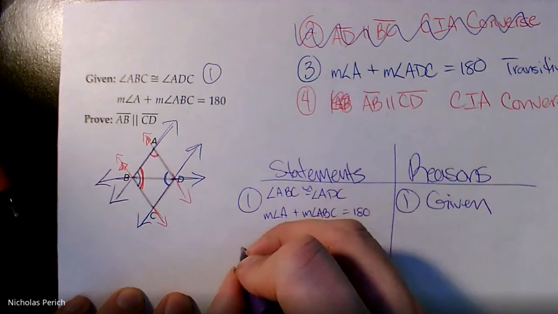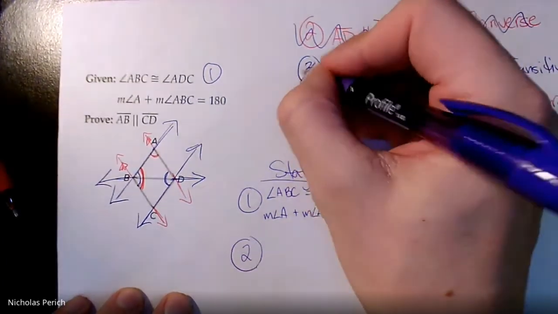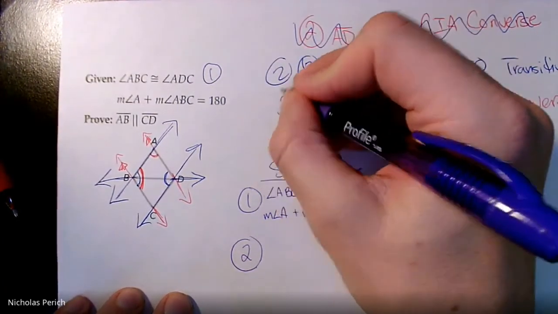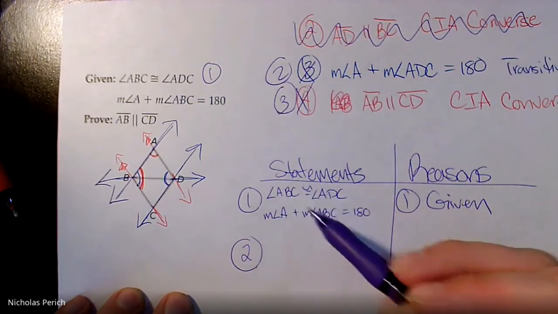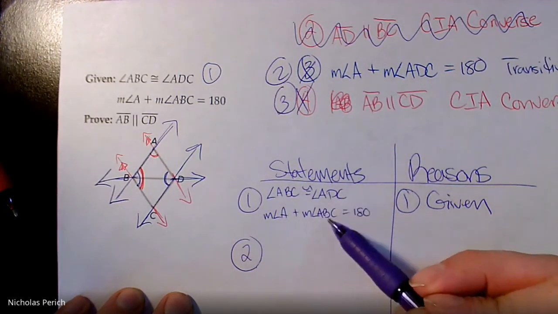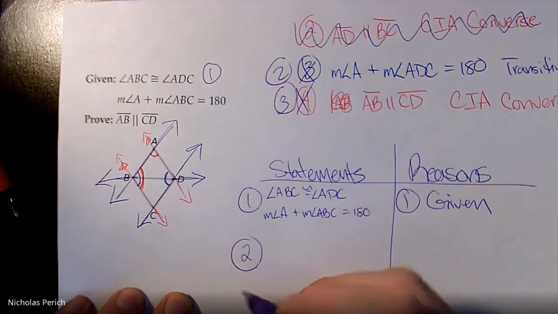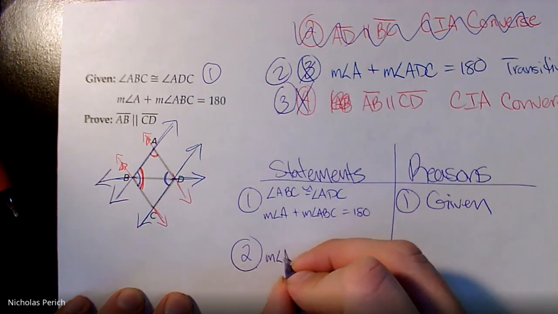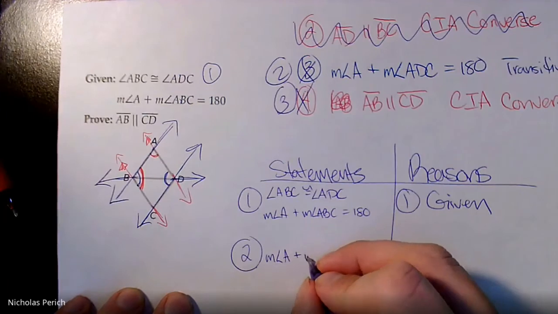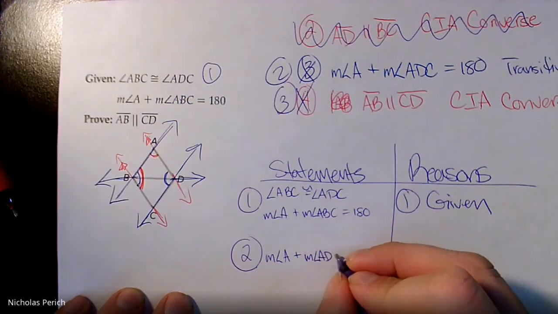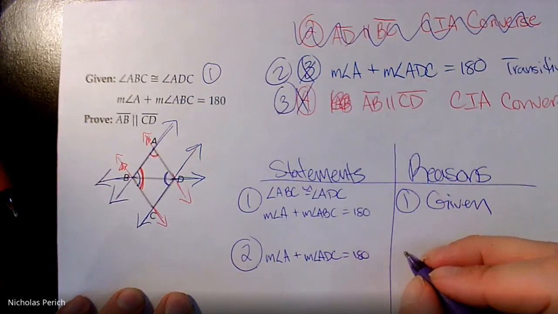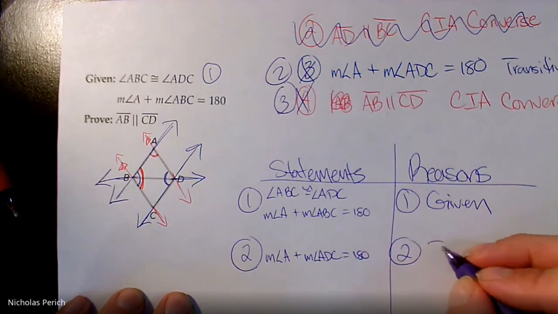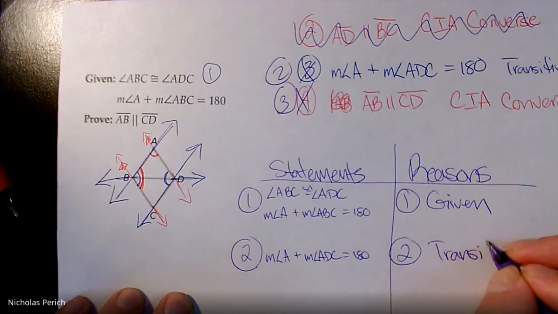Two is now the old three. Since ABC is seen in both, I can just turn that into ADC. So I said the measure of angle A plus the measure of angle ADC is 180. And that's the substitution or transitive property. It's all good.